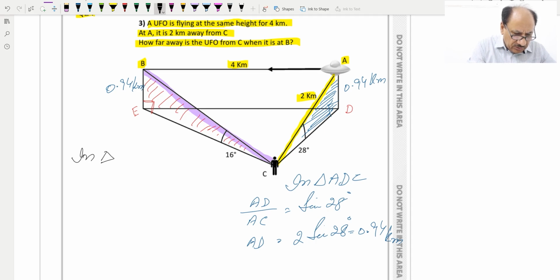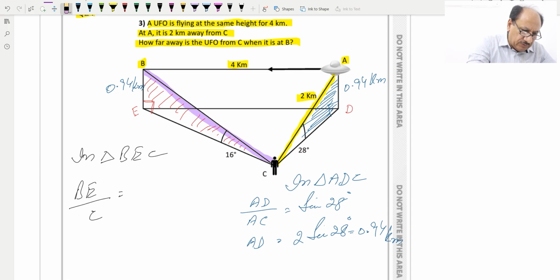So in triangle BEC, E is right angle, so we can apply trigonometry. So BE over EC will be equal to tan of, no, we require BC basically, so we can write BE over BC will be sine of 16 degrees.